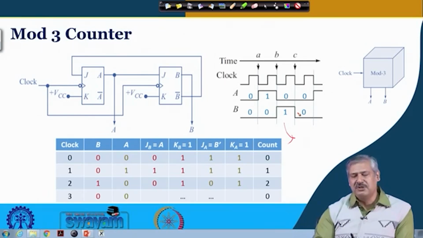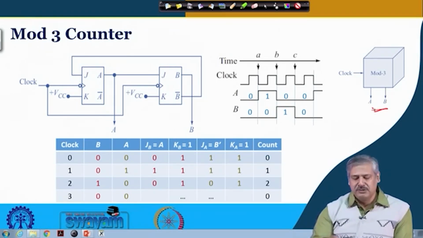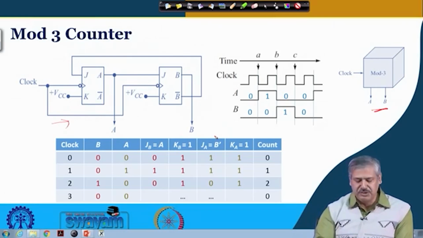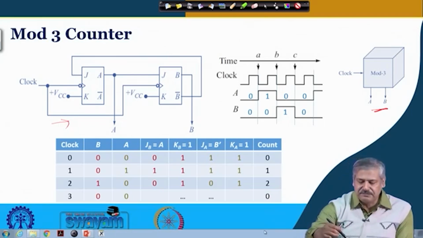So, we do not need any separate circuit for that. Is it clear? If we put this as a mod 3 block, within which we know the circuit and the way it behaves, 0 1 2, again 0 1 2, this is the way the count goes on.